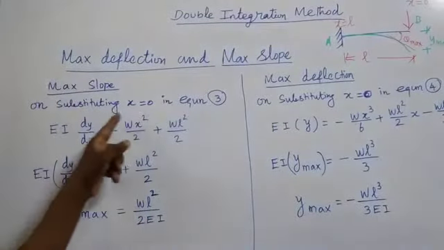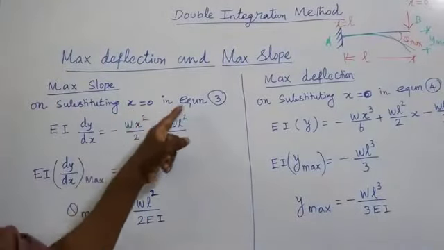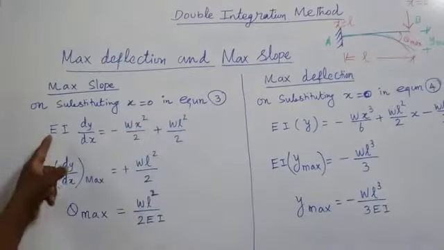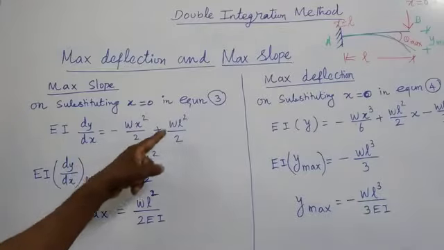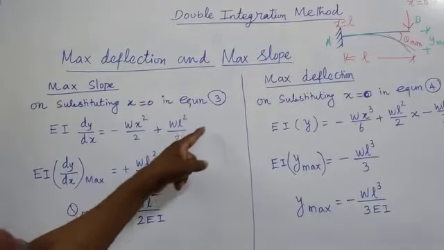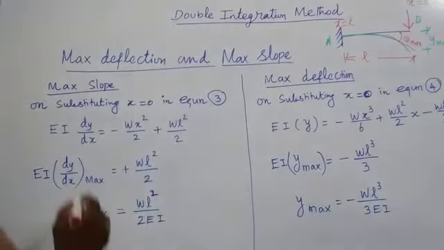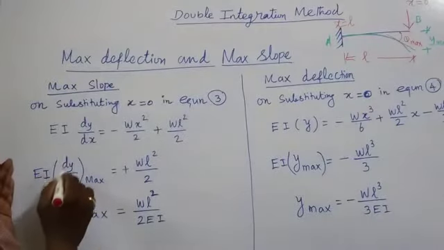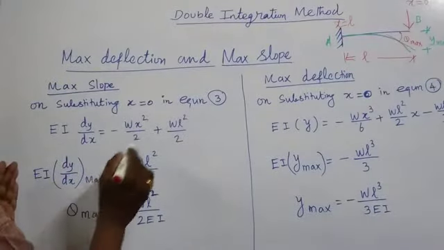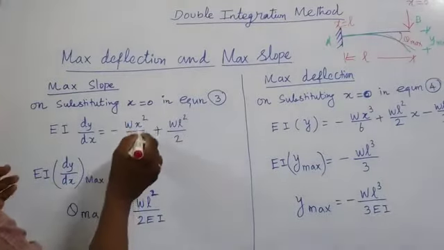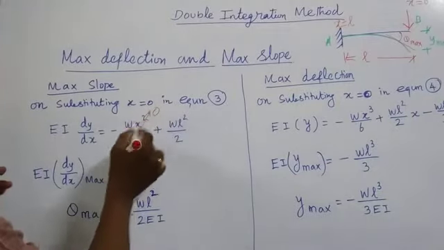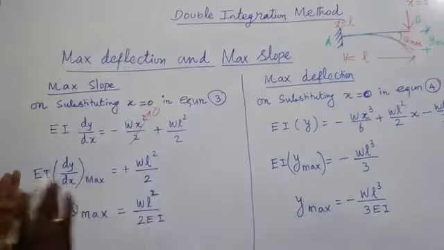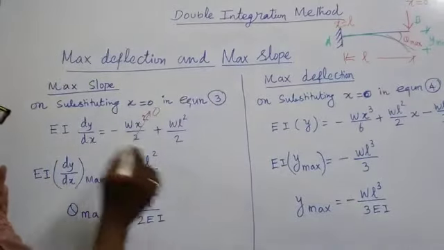So, maximum slope. On substituting x equal to 0 in equation 3, you will get EI dy by dx equals minus wx squared by 2 plus WL squared by 2. This is equation number 3. EI dy by dx maximum, putting x equal to 0, this term becomes 0, so I cancel this term, leaving WL squared by 2.